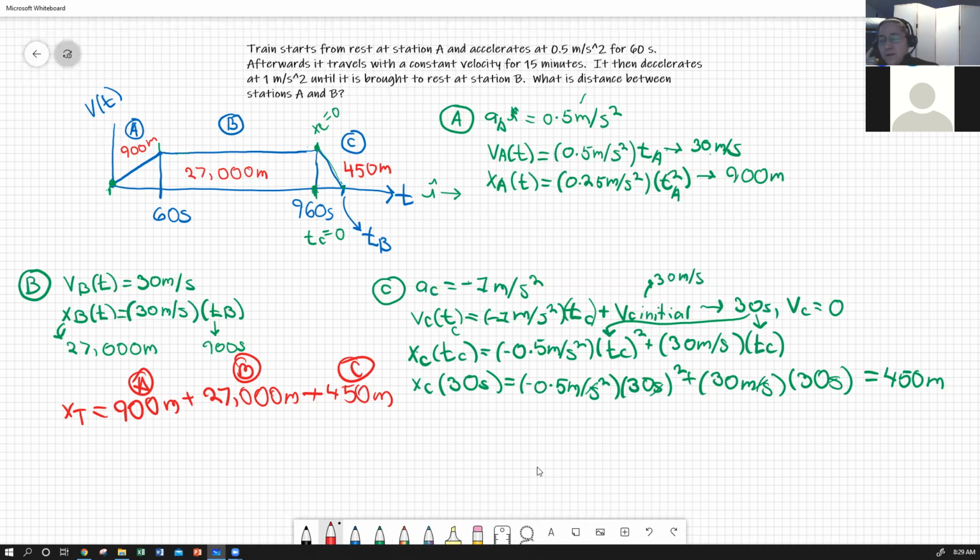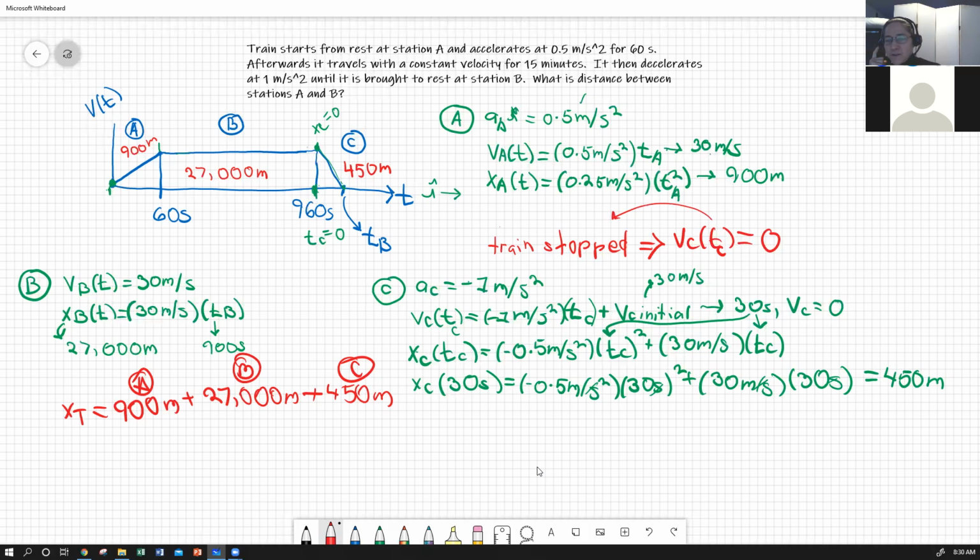So we were concerned with time C, our time of interest when the train stops. We interpret train stopped as V sub C at a given time equals 0.